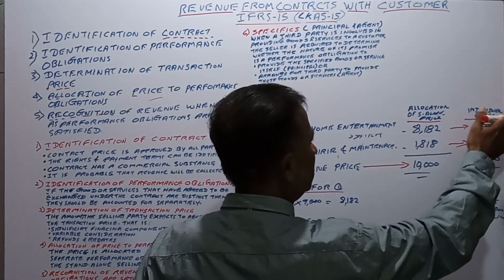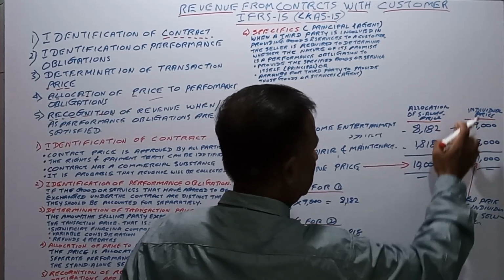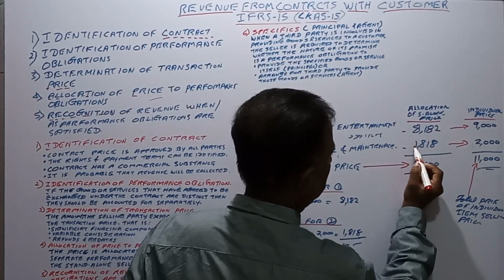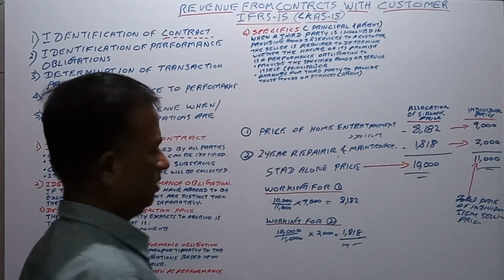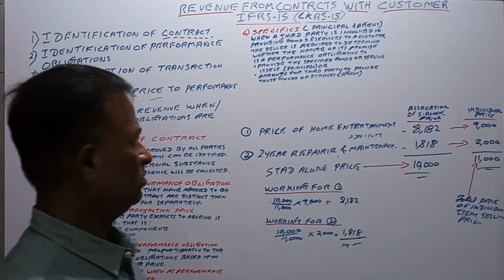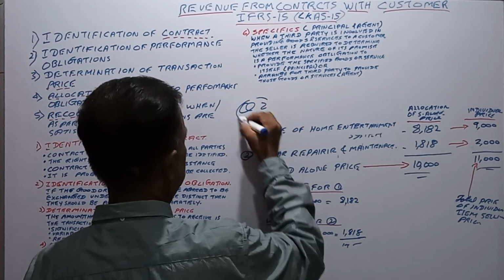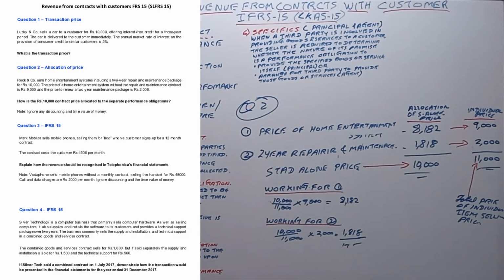But if you buy both together, the cost for you is 8,182 and 1,818. Understood? This is question number 2. Now we will go and see question number 3.